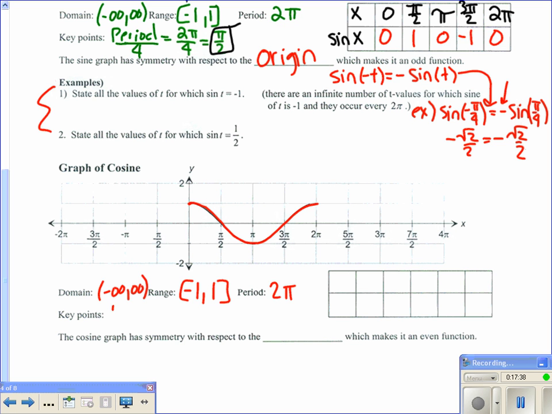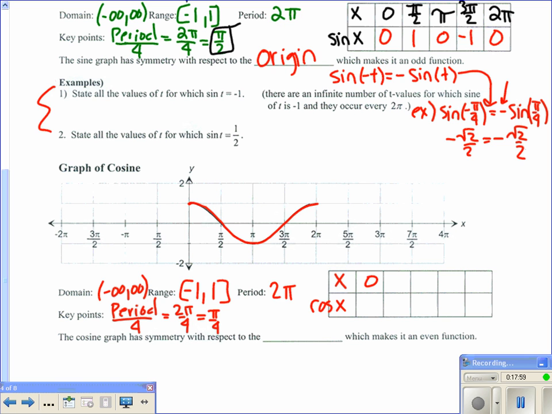So your key points, remember, you take your period divided by 4. So in this case, 2 pi over 4 is equal to pi over 2. So I know every pi over 2 I'm getting an x-intercept, or I'm getting a maximum value or a minimum value. So same thing, this would be x, and now we have the cosine of x.